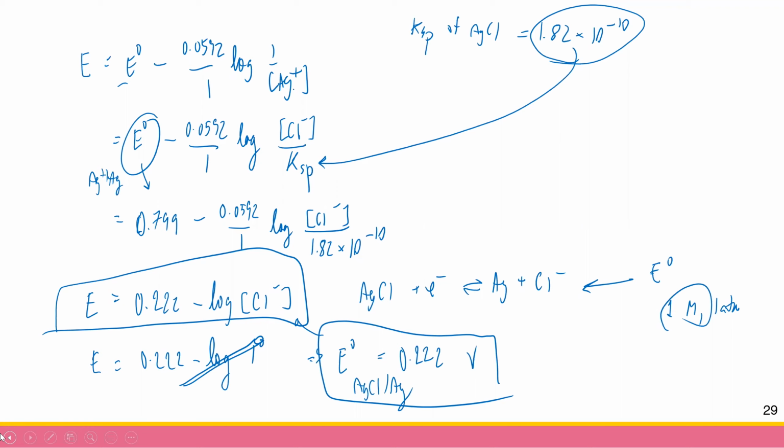To practice this again, let's do two examples, example 1.6 and 1.7. All right, can I move on? Example 1.6 is similar. We want to show that the standard reduction potential or standard electrode potential of the silver thiosulfate complex is equal to plus 0.017 volt.